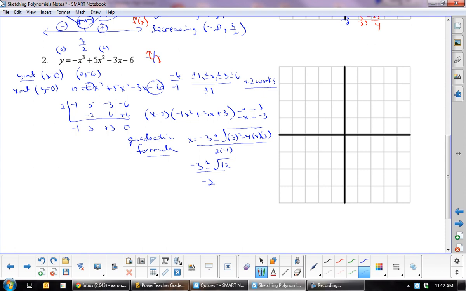And even for this one, I just went to 2 decimal places. So you'll get x equals -0.79 and x equals 3.8.